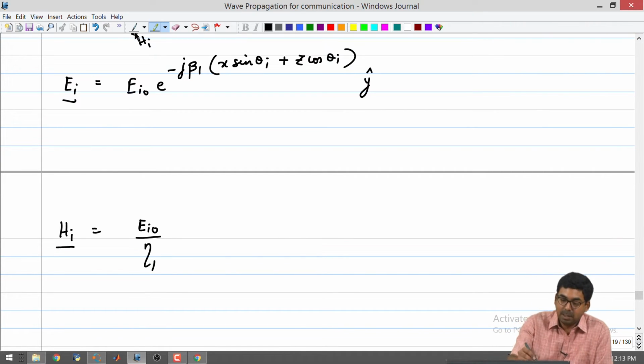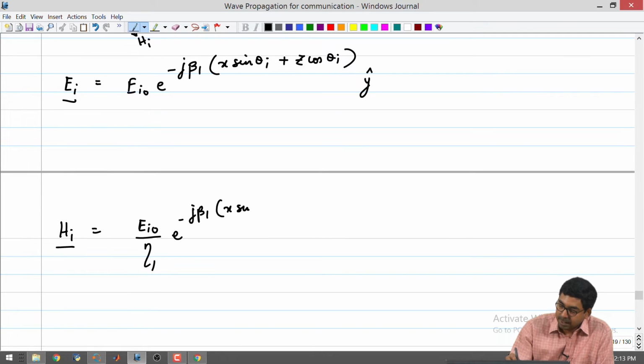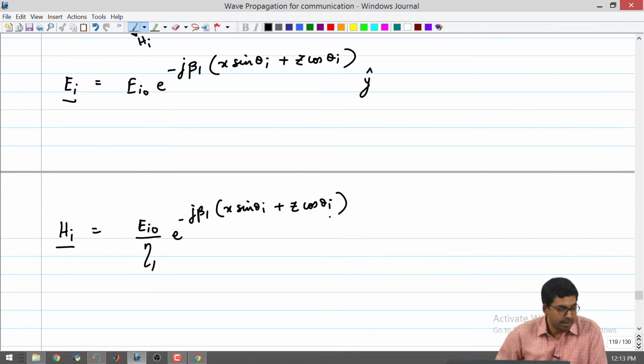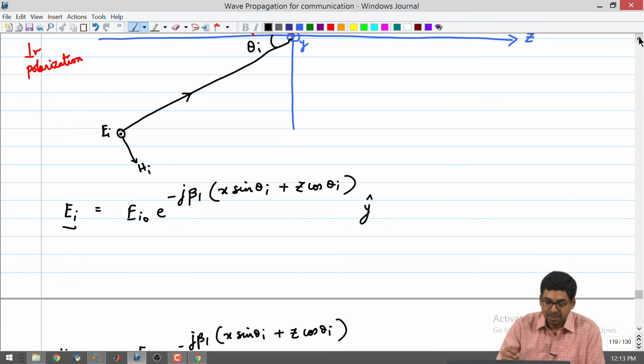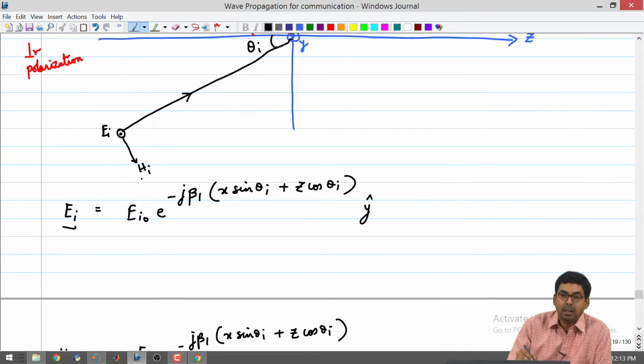Okay. So, I will still have e to the minus j beta 1 x sin theta I plus z cos theta I. Okay. The only thing that I want to be very specific about is, if I look at the diagram that we have drawn, the incident magnetic field is pointing downwards, okay, which means that I can project this on the vertical and the horizontal axis, right.